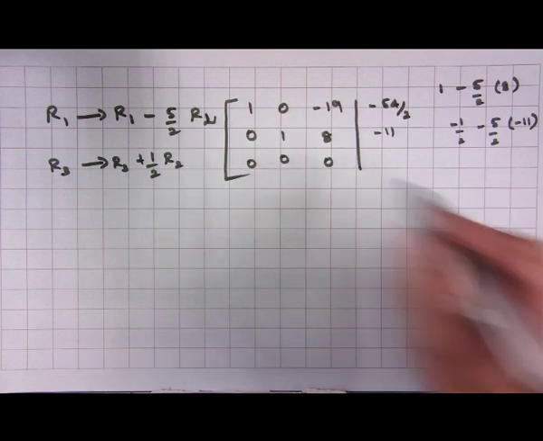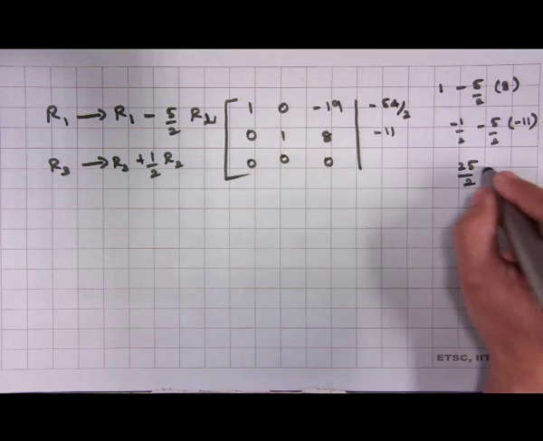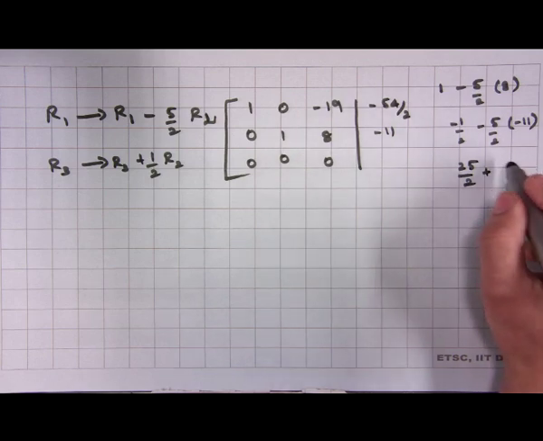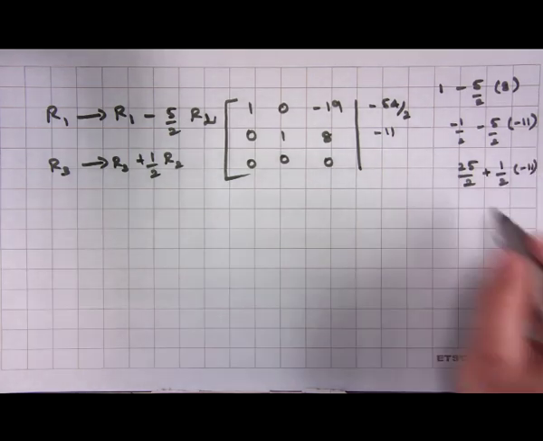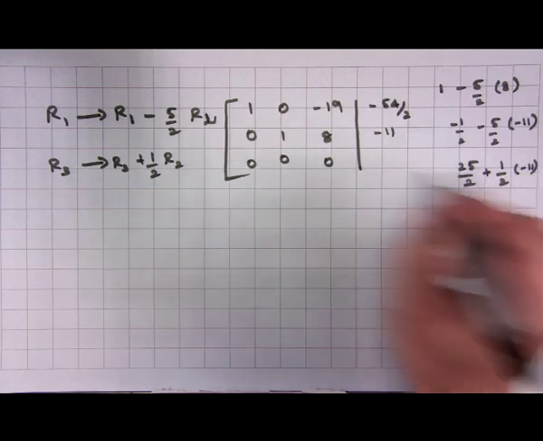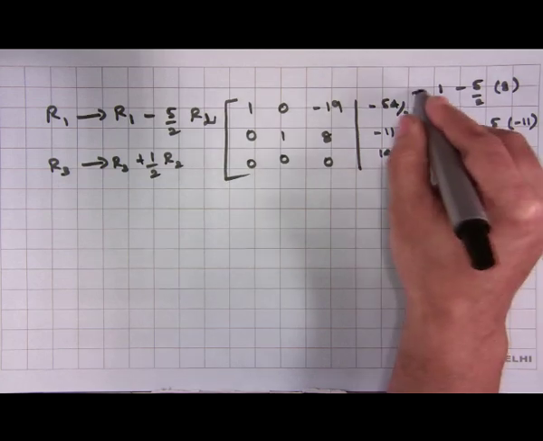Finally, I will have 25 by 2 plus half times 11, which will give me 36 by 2. This is the one that I have.